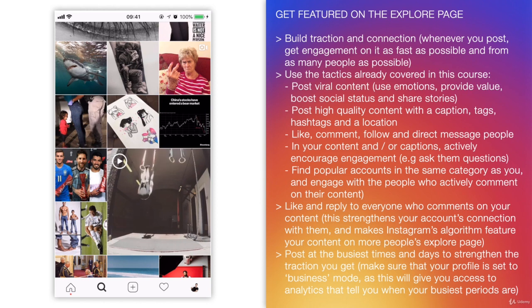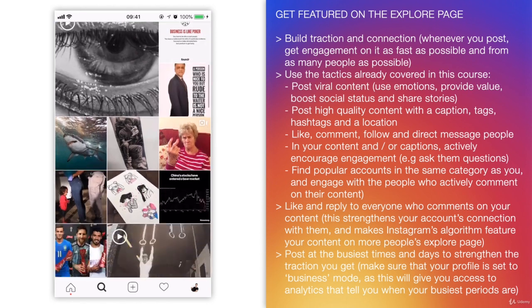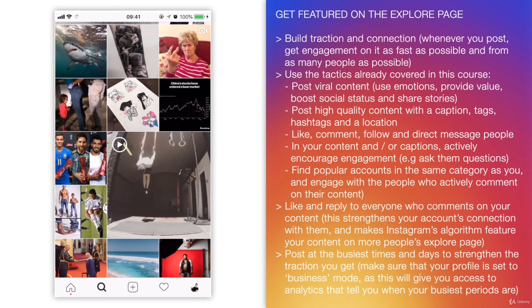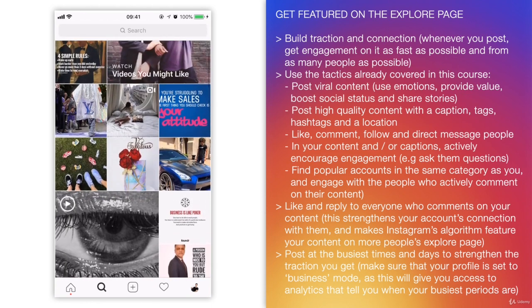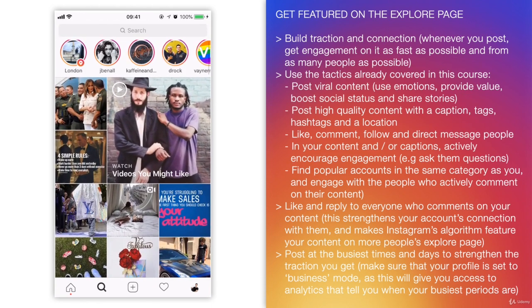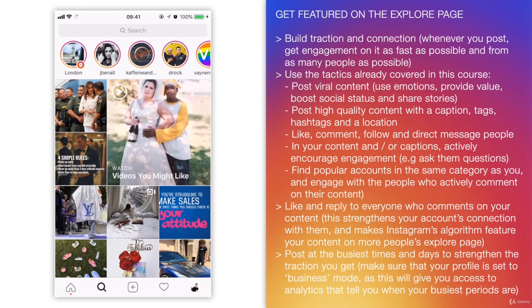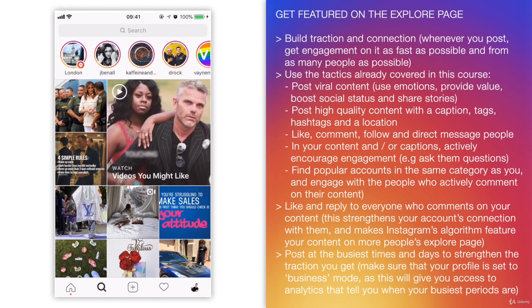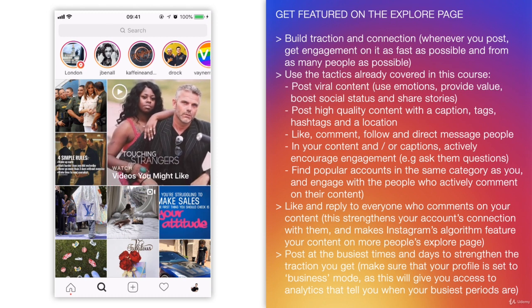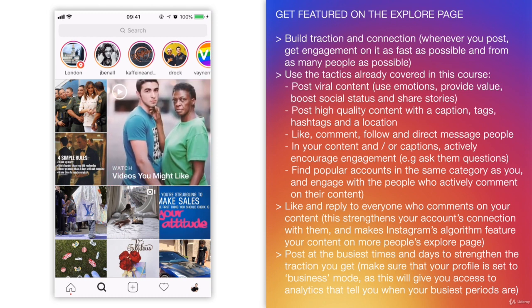Instagram can connect between the content posted here and my friends and family, and then it will detect the connection between my friends and family and me. So it'll be like, hey, this content is getting a lot of traction, and by the way, your friends and family are already following it, so that's why you are getting these recommendations. So what you want to do is build traction and connection.